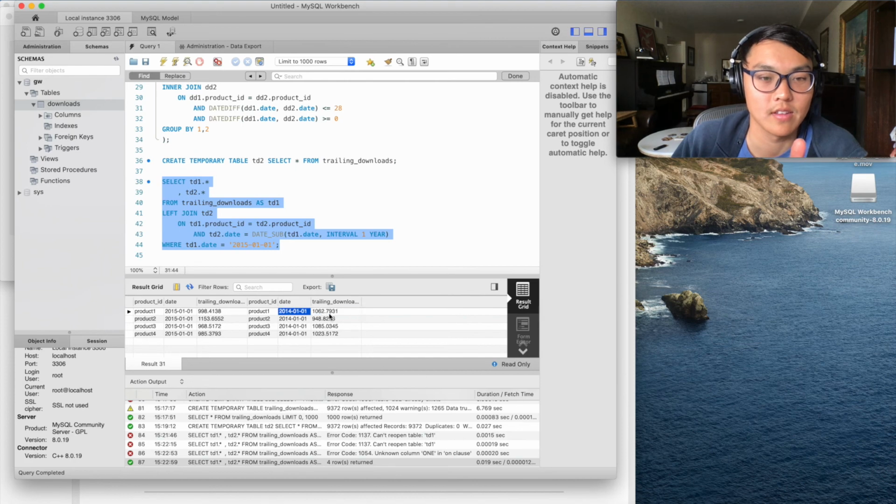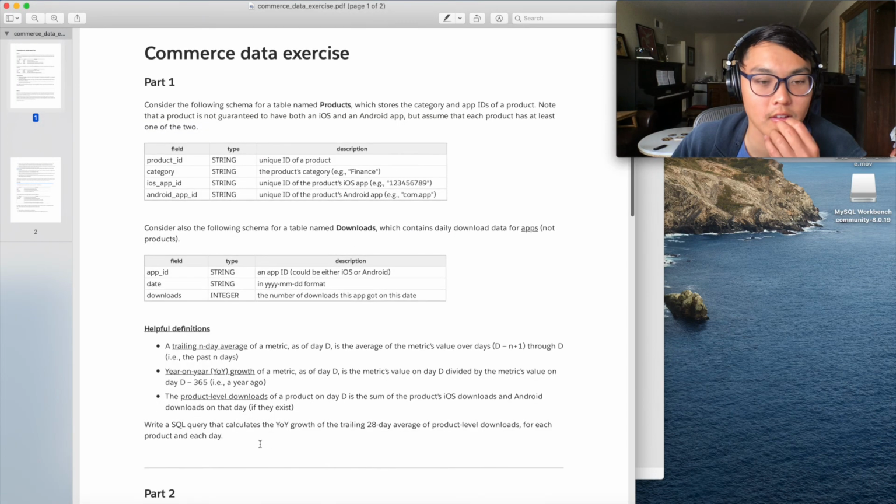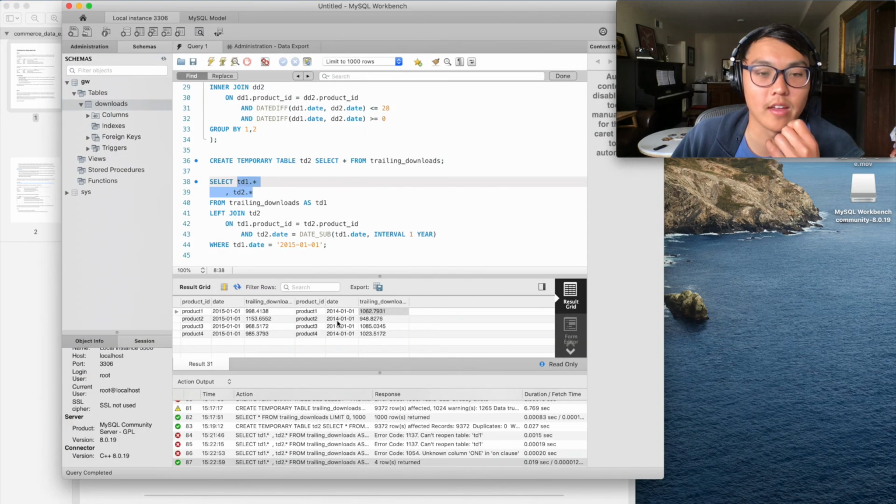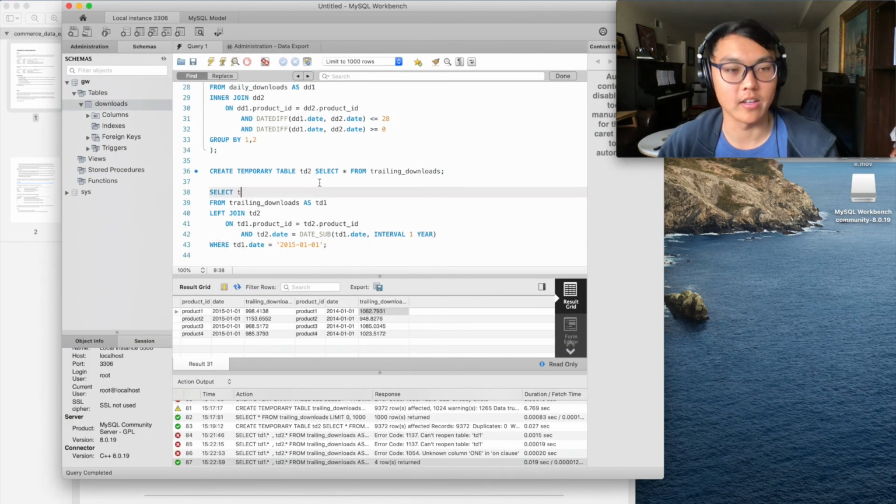Yes, awesome. So now what we have to do is, I believe this said year over year growth, right? So if we want the year-over-year growth, we have to calculate the value by creating this.